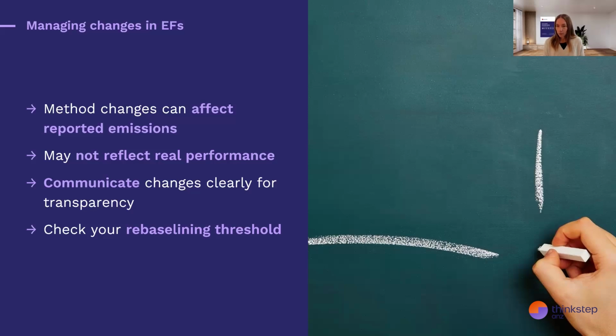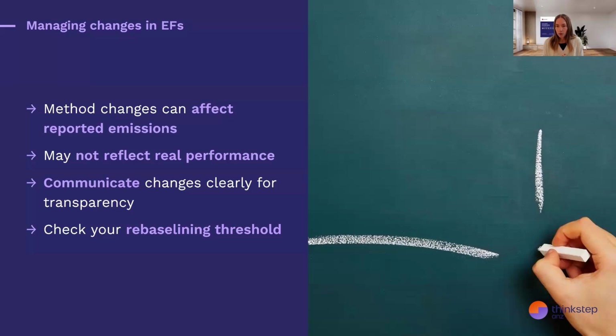So even if your actual operations haven't changed, switching to a more precise method can cause your emissions to shift, and sometimes significantly. So it's really important to communicate those changes transparently so your stakeholders understand the changes in reported emissions reflect an improved methodology, yes, but not necessarily a real-world impact.